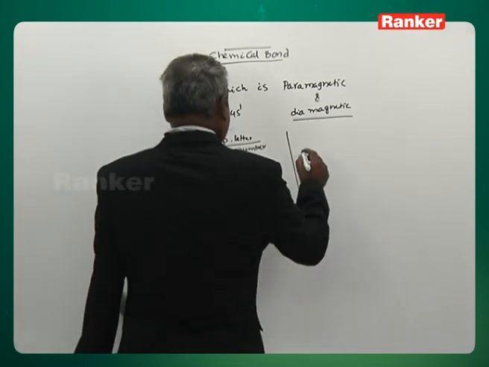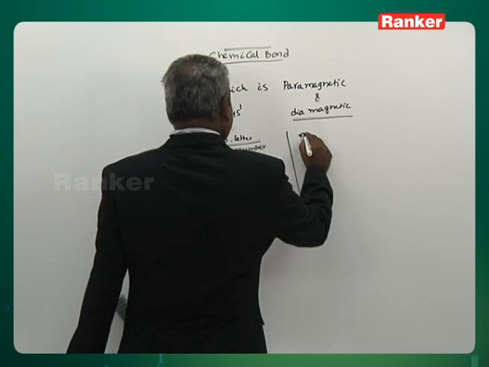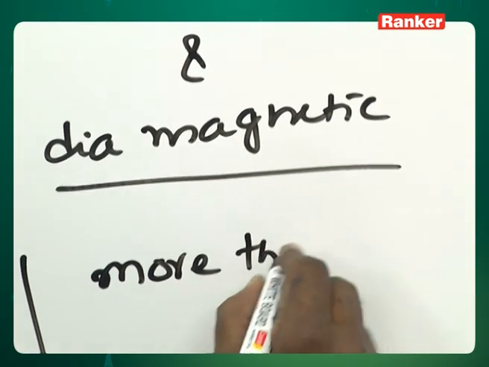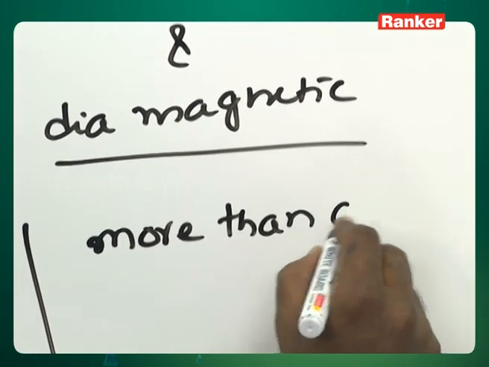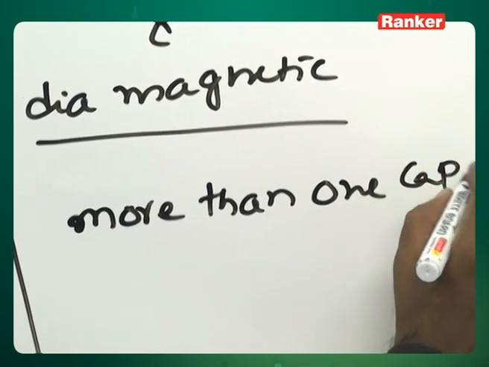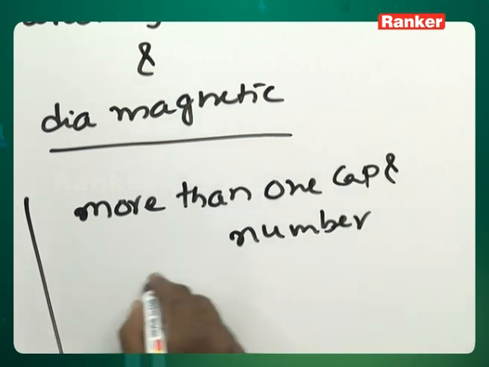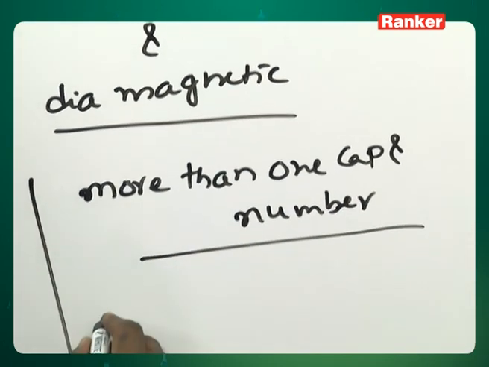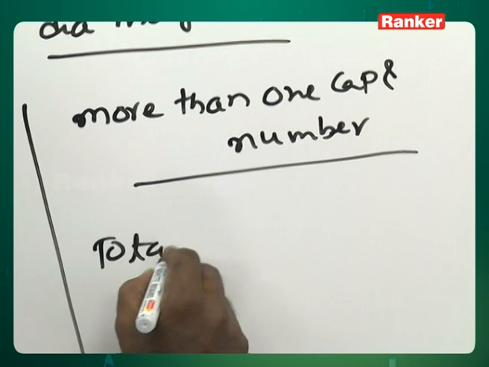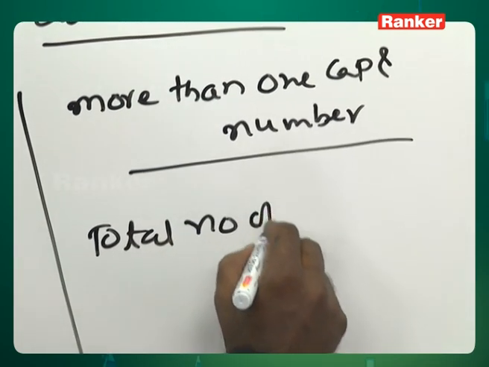And this is for more than one capital letter, in which you have more than one capital letter and a number, in which you have a number. Total number of electrons, you count the total number of electrons.